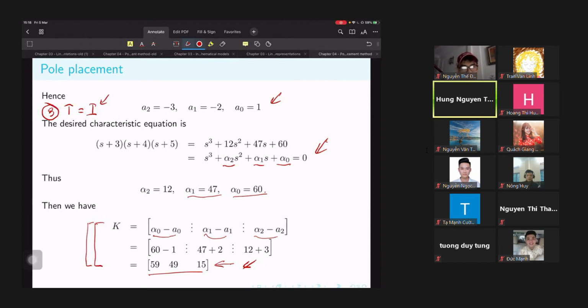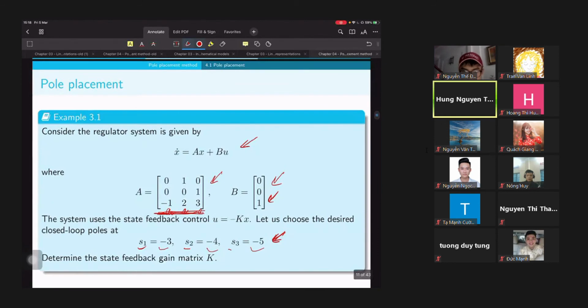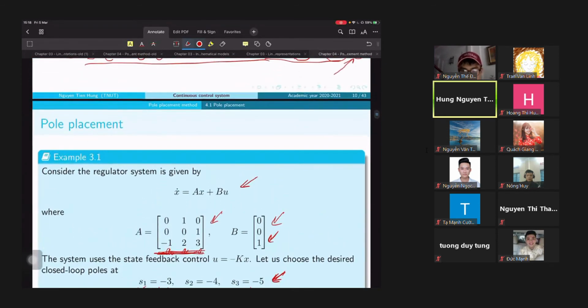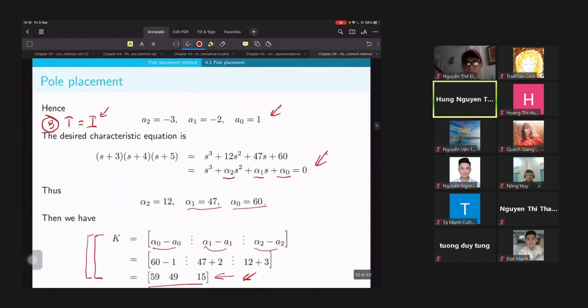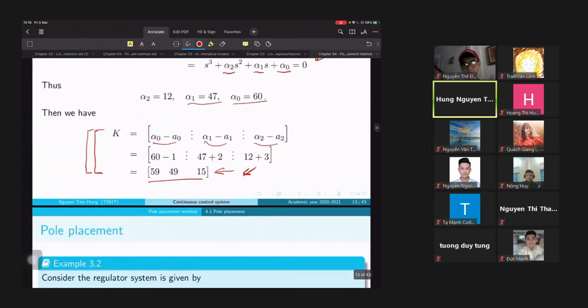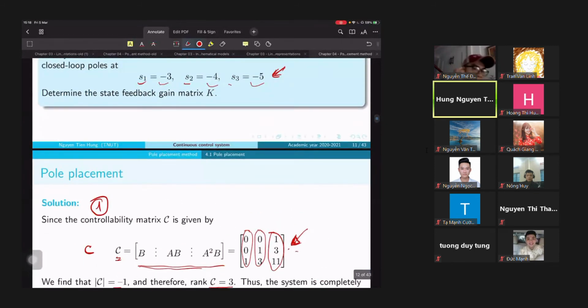So now assume that we have the same problem, but now we have to find the gain matrix for a system like this. I thought I could give it just to you for practicing, but I think it is already in the slide, so it's not so good to do that.